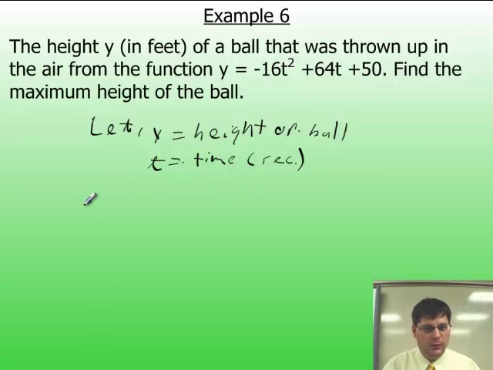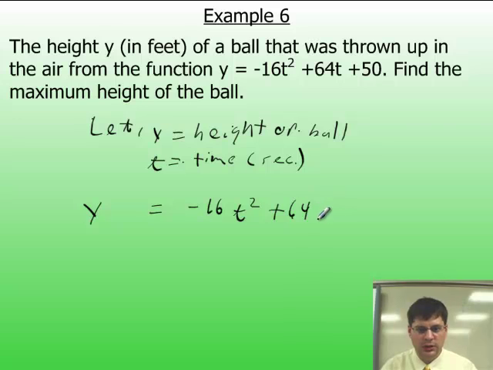So I have y equals negative 16t squared plus 64t and plus 50.